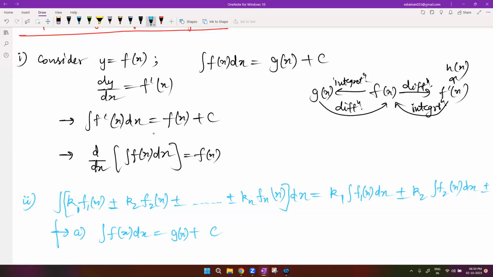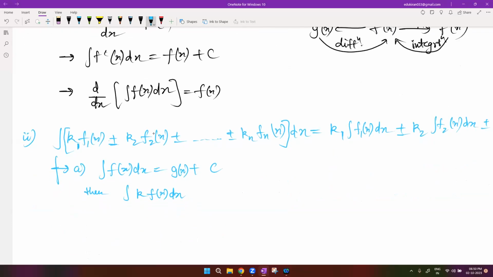Then if you multiply the whole function by k times, where k is a constant, K1, K2, K3, all these values are constant.